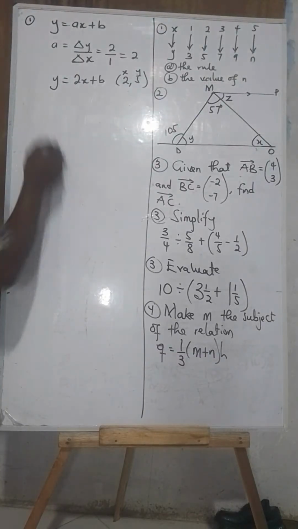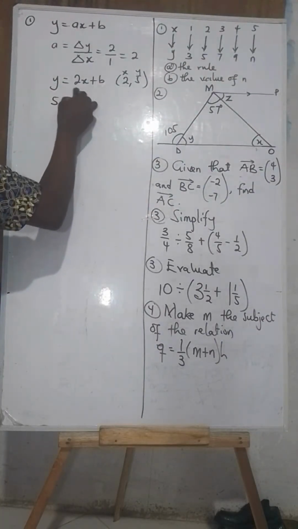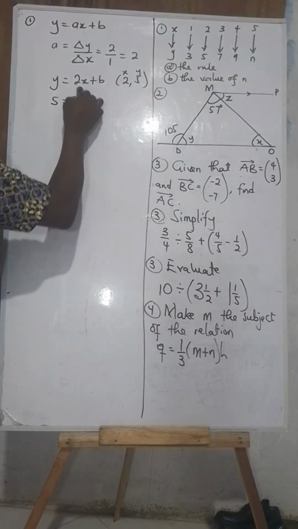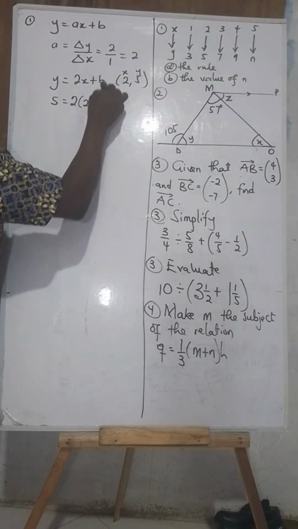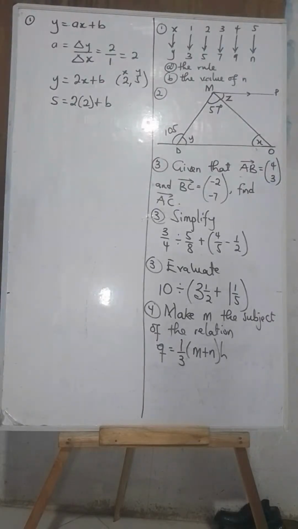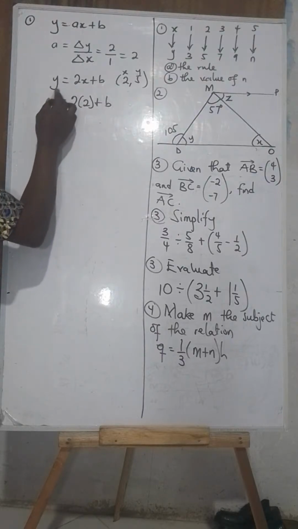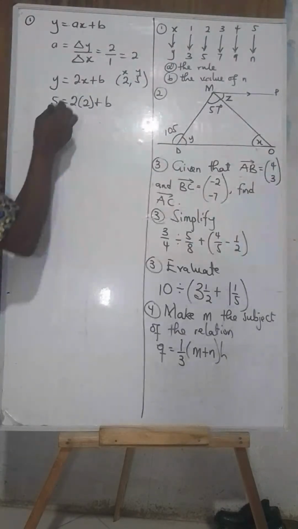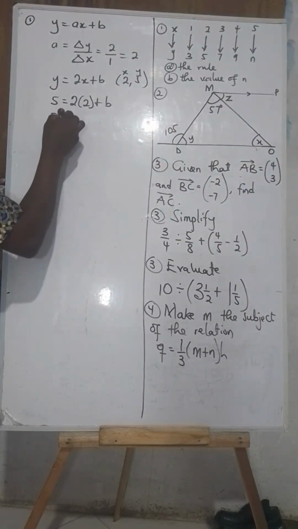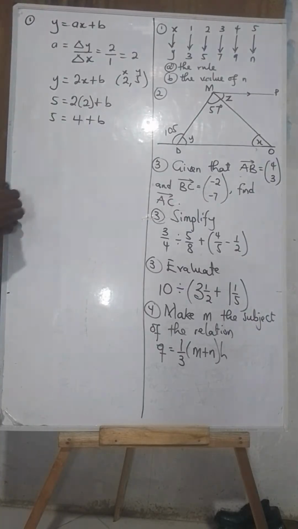So you substitute into the equation: 5 equals 2 times 2 plus b, so 5 equals 4 plus b.